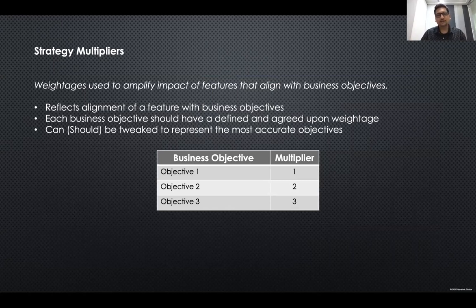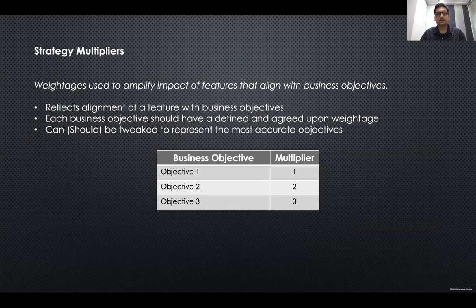How do you know that this particular feature really aligns with your objectives? All you did was you had a product strategy and then you tried to map the impact that features have based on the product strategy, which is all fine, but then objectives are different. So you need to also make sure that the objectives are keyed into the prioritization as well. So the strategy multipliers, they reflect the alignment of feature with the objectives.